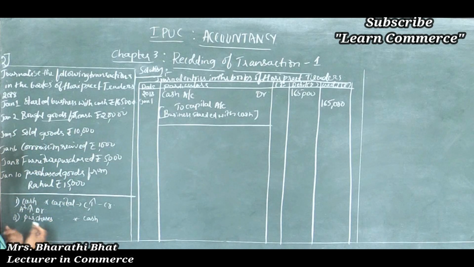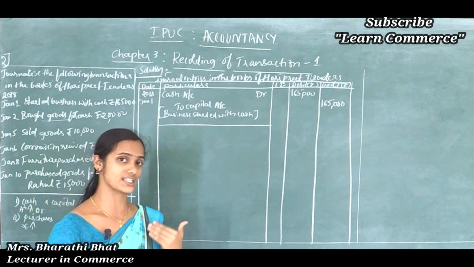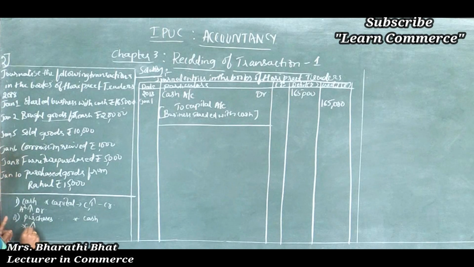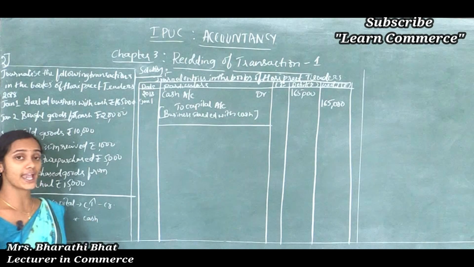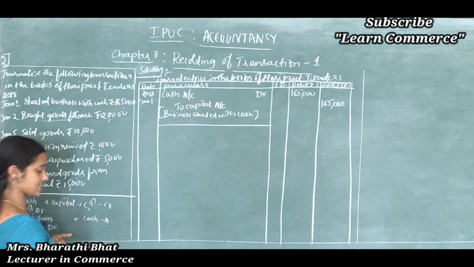So purchases account: purchases comes under expense account. Do expenses show increased or decreased value? Here expenses show increased value. So an increase in expenses is to be debited. And the next one, cash account, is affected here. Cash comes under asset.